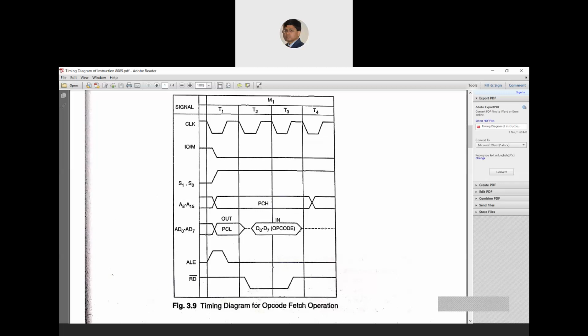After having that data, it switches to the idle state. This is the function of the AD0 to AD7 bus.